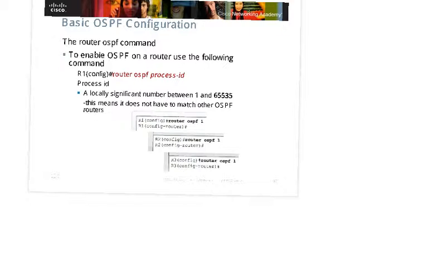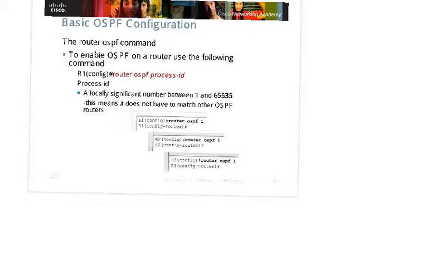What means something globally is the router ID and the area ID. And these are exchanged as part of the packet header as we discussed. So the router ID means something and the area ID means something. And that's very important. But the process ID, we don't exchange it between the routers to indicate anything.